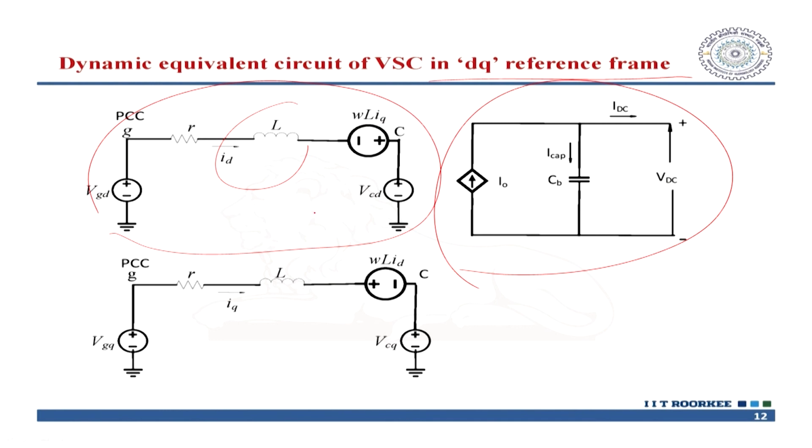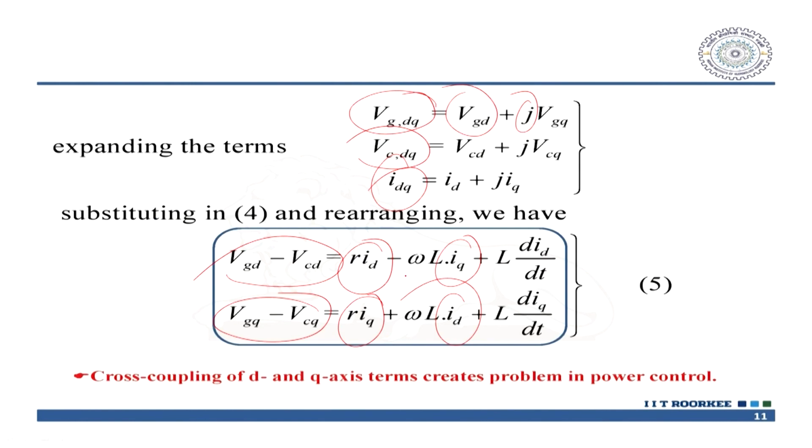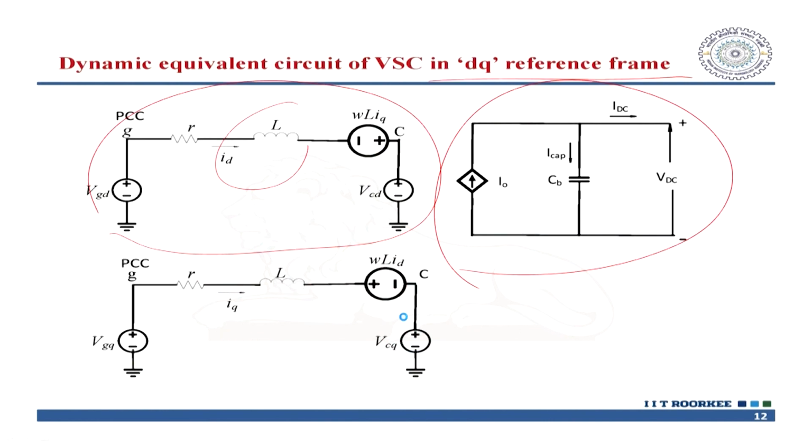You see that its polarity will be different for the different axes, because this one is negative and this one will be positive. For this reason you will have omega L Iq negative, and here it will be positive. So, this is the representation for this dq case.